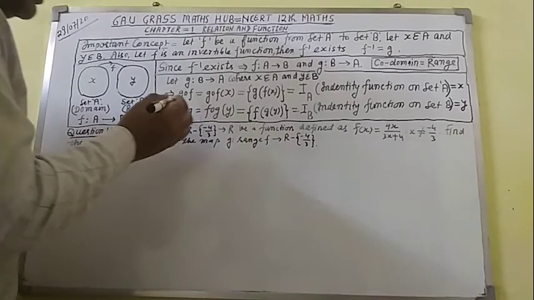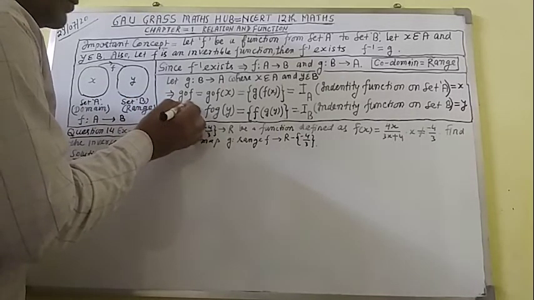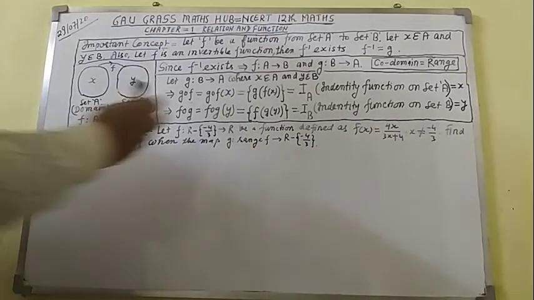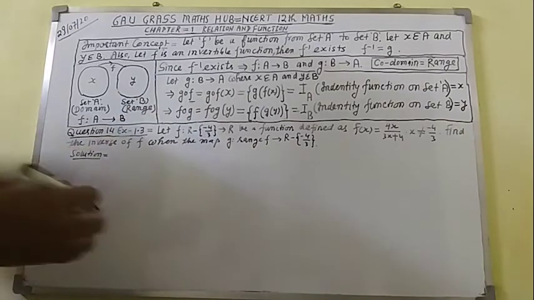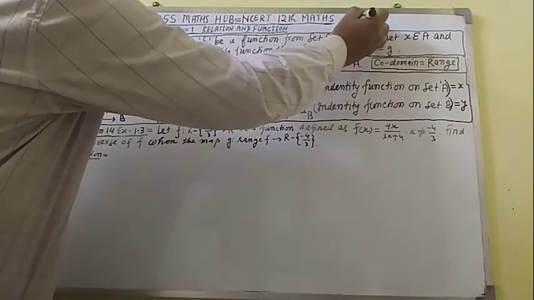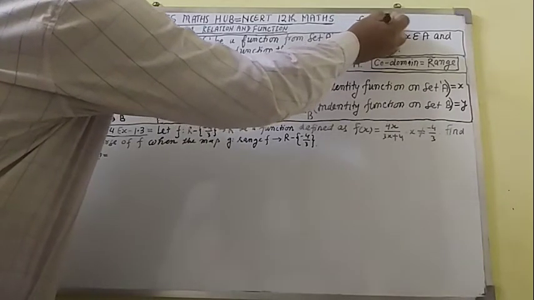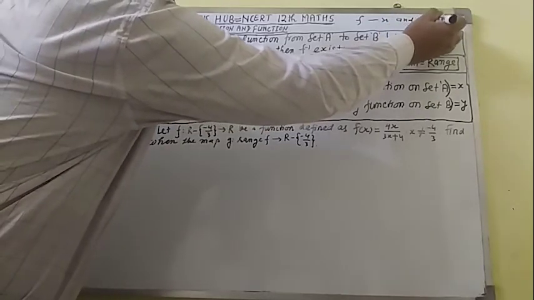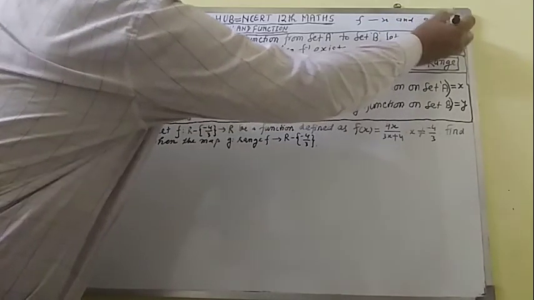This is the rule. Here you can see f is there. So f is related to x. This is the system: f will be related to x and g will be related to y.